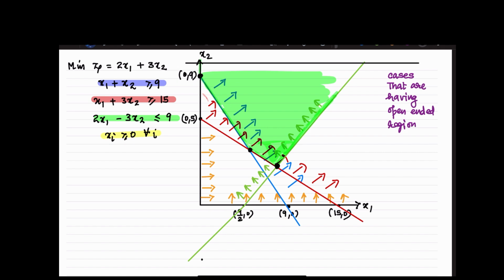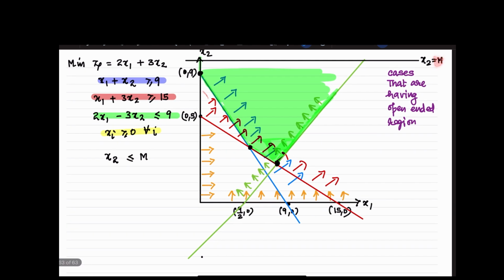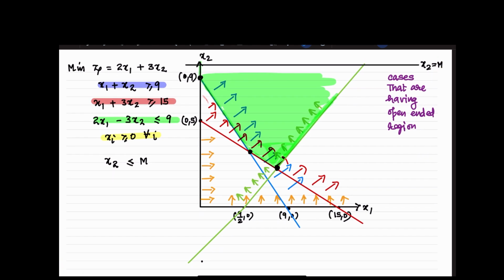तो करना क्या होता है, मैंने एक कंस्ट्रेंट करी x2 less than or equal to some capital M, और ये डालते ही क्या हुआ, मैंने एक कंस्ट्रेंट बनाई x2 equal to M लाइन बनाई, और मेरे को चेक करना है कौन सा रीजन है. तो मैंने 0,0 डाला, तो 0 is definitely less than capital M because M is positive, and in this case let's say M is very large. मैंने एक बहुत बड़े हाइट पे एक कंस्ट्रेंट पैरेलल मार दी जिससे ये रीजन बंद हो गया.